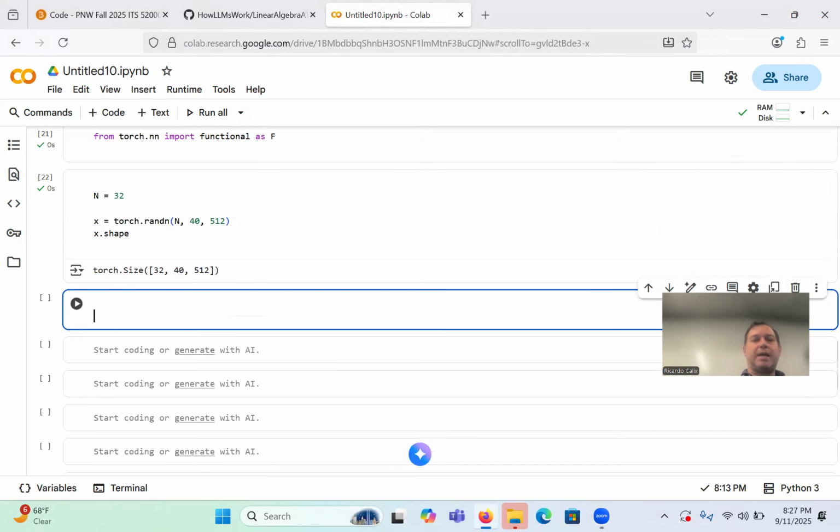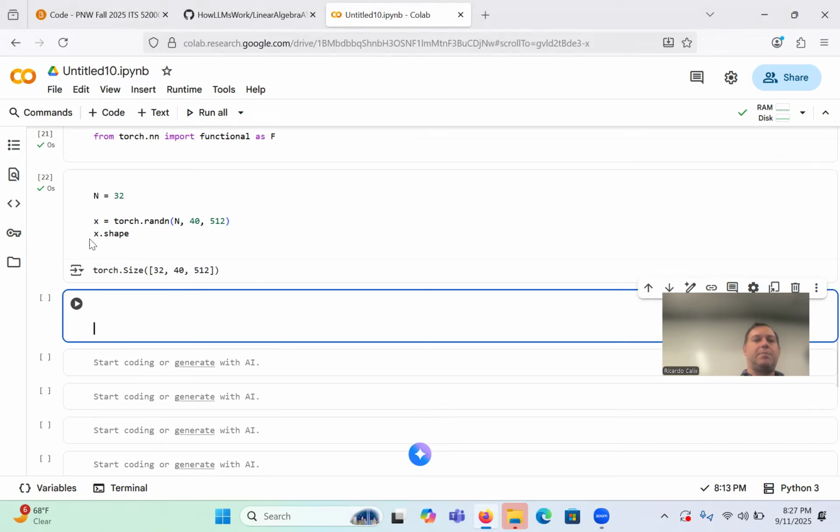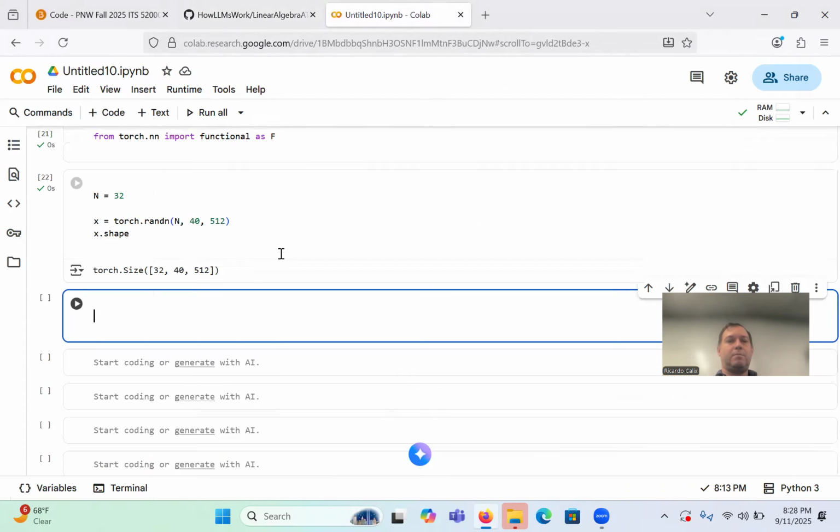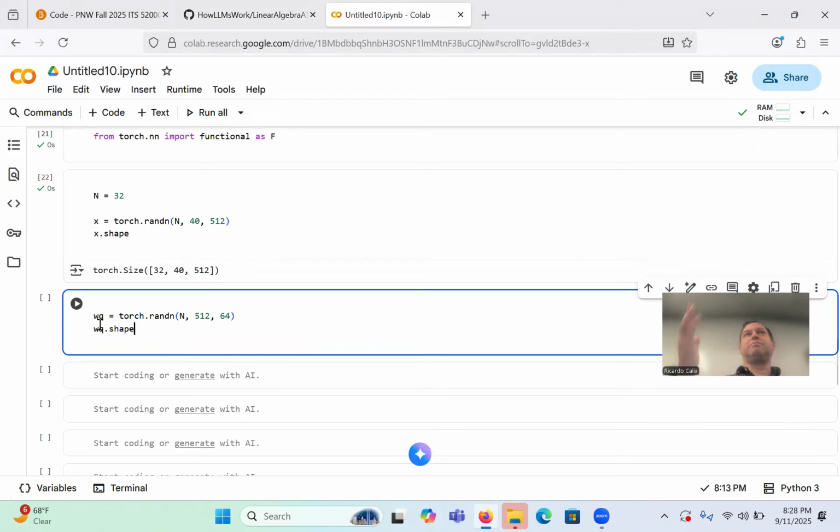So in the attention mechanism, you would want to compare X with itself, but I just said that we do one transformation before we do the comparison. And that's just a matrix multiplication. So here I'm going to do the first one, Q. So I'm going to grab this. So you can see what I was doing before, right?